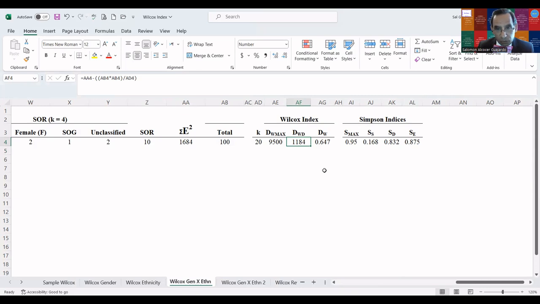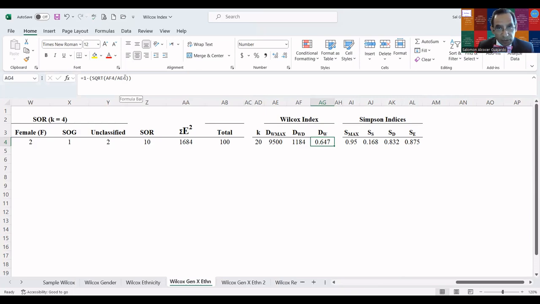To calculate the Wilcox similarity concentration score, I get the frequency squared, which is 1684. I subtract that from the total number of individuals squared. So it's AB4, which is going to be 100 times 100, divided by the number of groups, which is 20. So that gives me 1184. So 1184 divided by 9500.